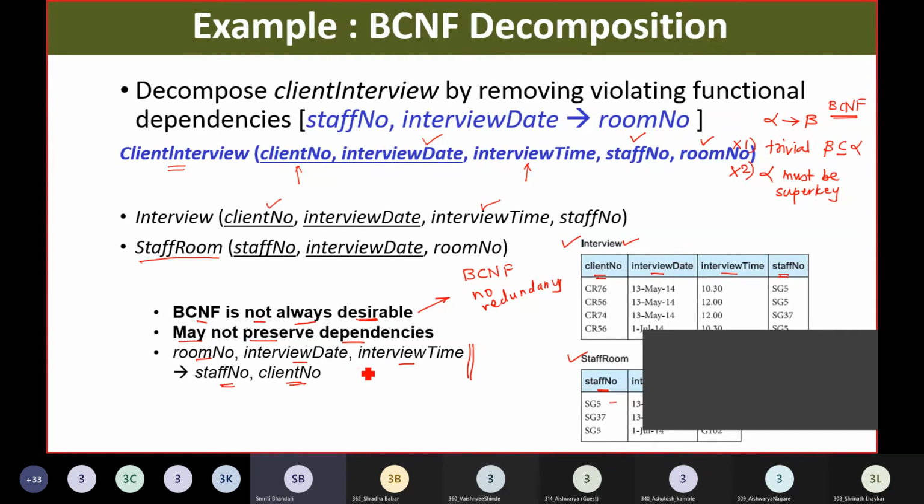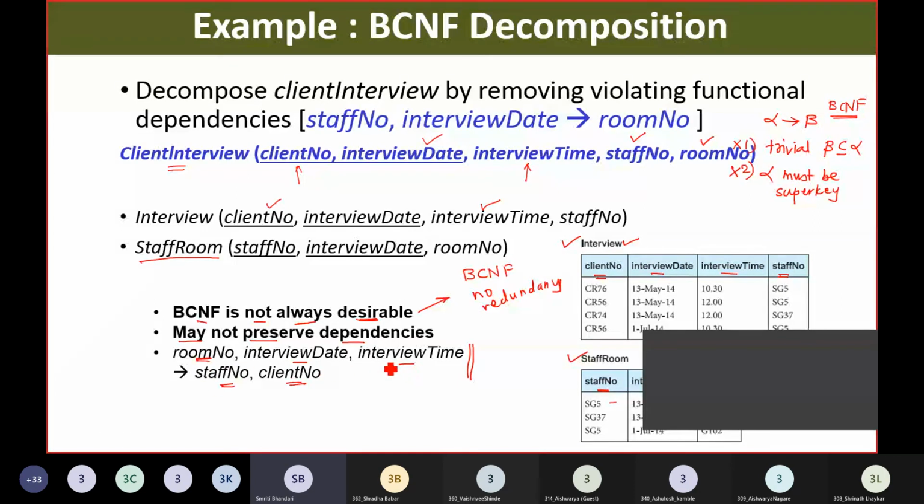But if I want to check for this dependency, in the left hand side, I also want room number. Room number is not available in the same relation. So to test for this dependency, I need to find the join of these two relations, because room number is available in staff room, and client number is available in interview.